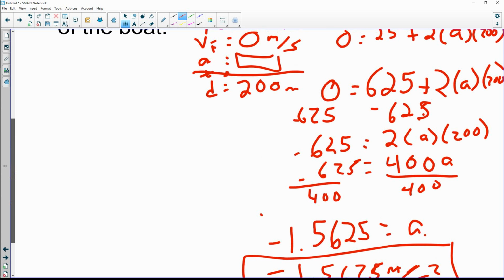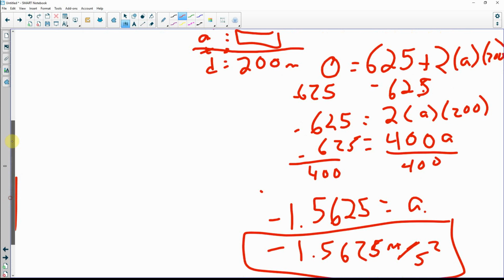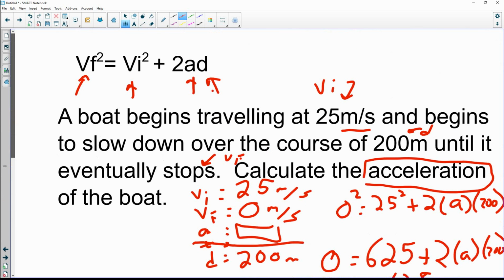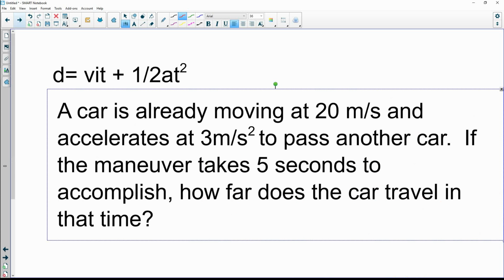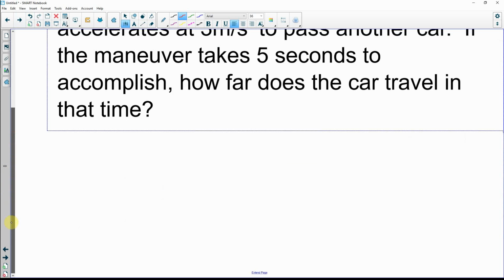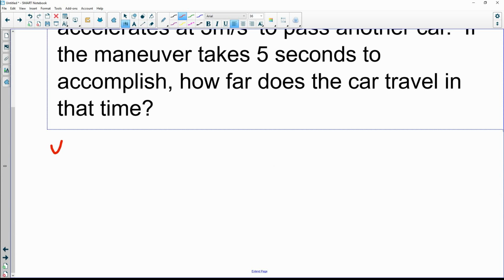And as we talk more about physics, I believe you're going to be a little more comfortable using these equations, but also these quantities. The last one I want to show you is D equals VIT plus 1/2 AT squared. And this is a good one when you're missing the VF, because there's no VF in the equation. So again, we're going to start, and I'm going to have to slide back and forth here.